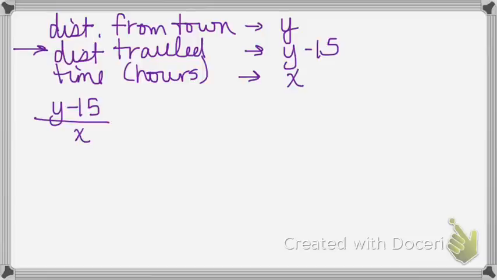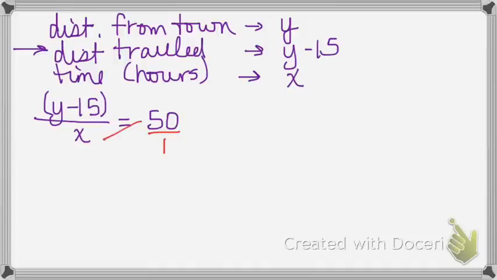And we know that that's equal to his constant speed, but the problem gives us his constant speed. It said that was 50 miles per hour, so I can fill that in right now. Remember, this is actually 50, can be thought of as 50 over 1, doesn't change the value at all.